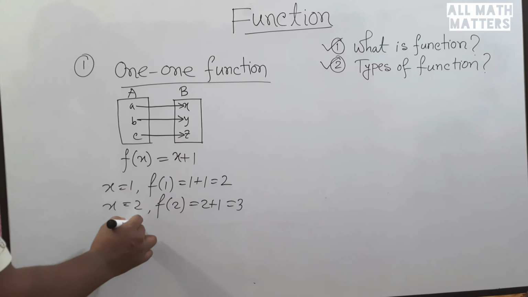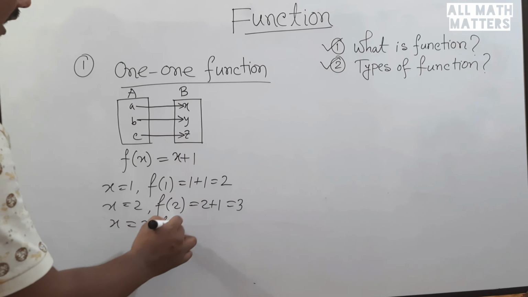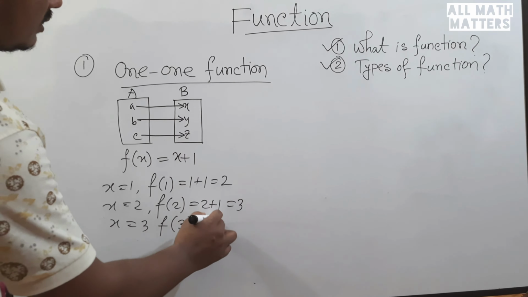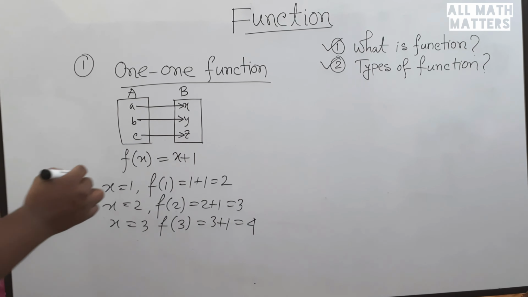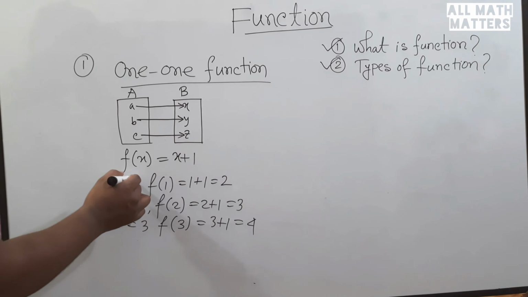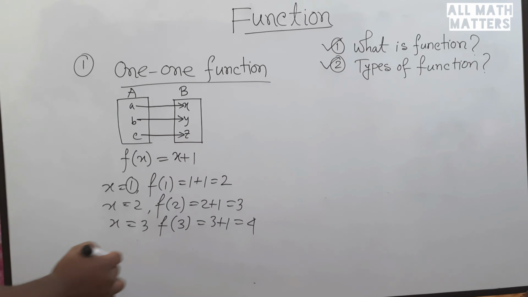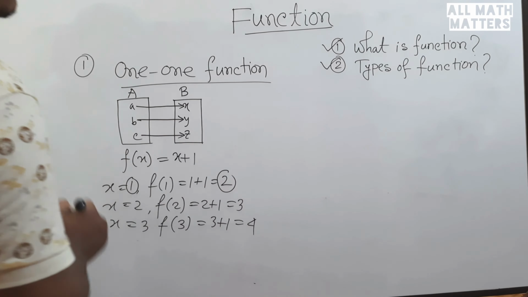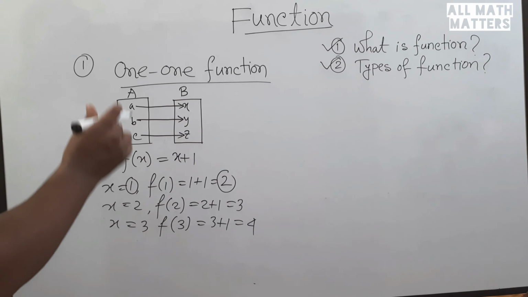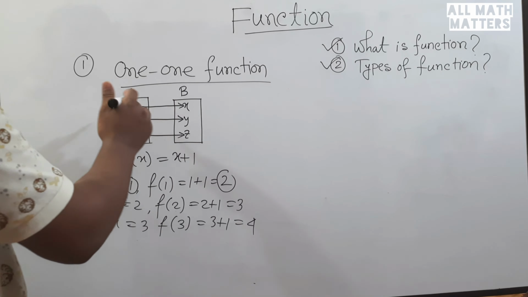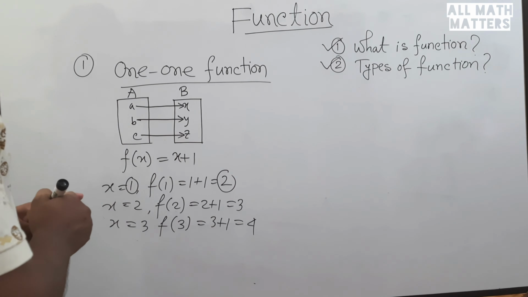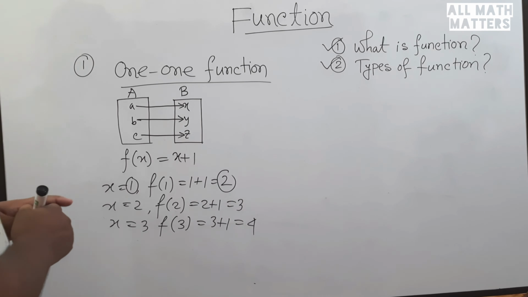If x equals 3, then f of 3 equals 3 plus 1 equals 4. That means for each input we'll get one output. That means for one value we'll get one output. That's why this function is called a one-one function.